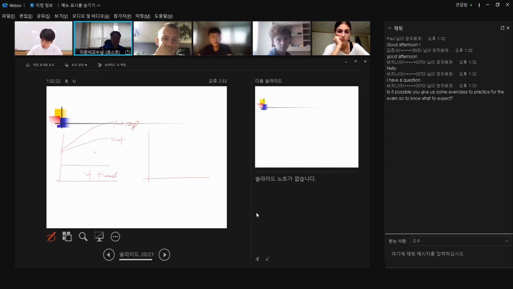So inflation premium increases as time goes by, and the maturity risk premium increases. So the yield curve shows just like the blue one, right?